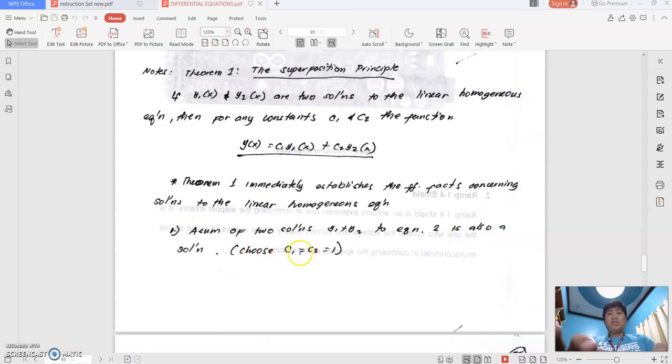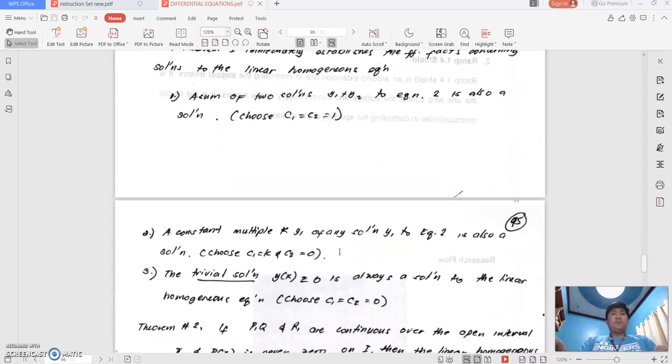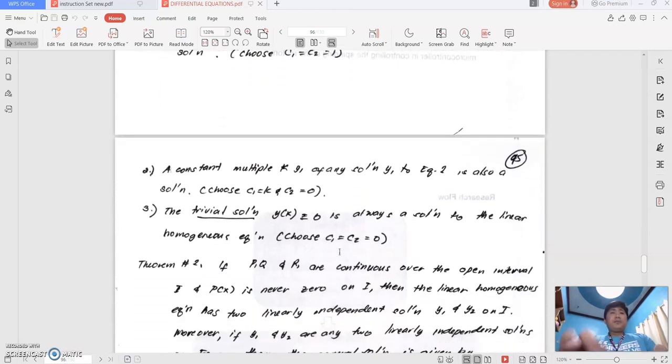So you choose c sub 1 and c sub 2 equal to 1. Next, a constant multiple k y1 of any solution y1 to equation 2 is also a solution. Choose c sub 1 as k and c sub 2 as 0.